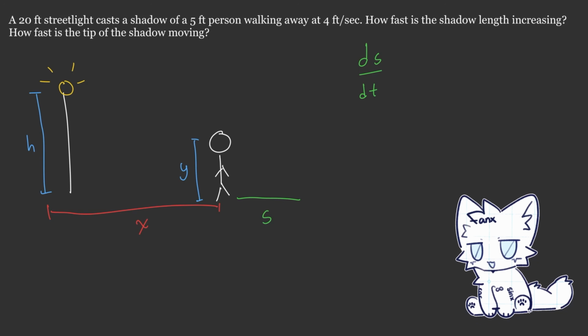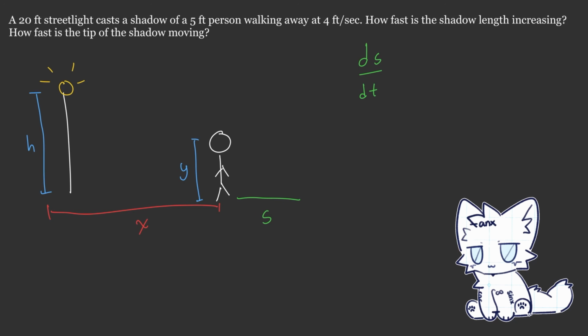Nice. We can create the relationship that we know the height is 20 feet and the height of the person is equal to 5 feet. So we can create a ratio through similar triangles.